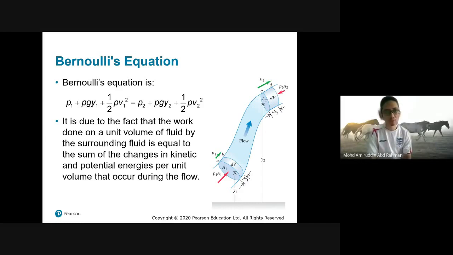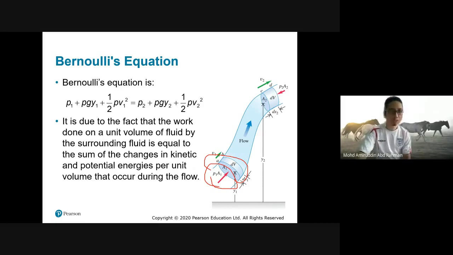So now you can relate that with pressure: P1 plus ρgy1 plus half ρv1 squared equals P2 plus ρgy2 plus half ρv2 squared. So you can relate that with pressure, pressure over here, and the volume over here.